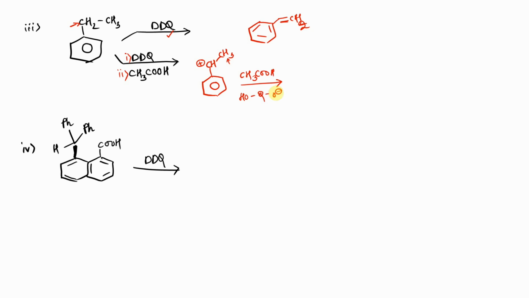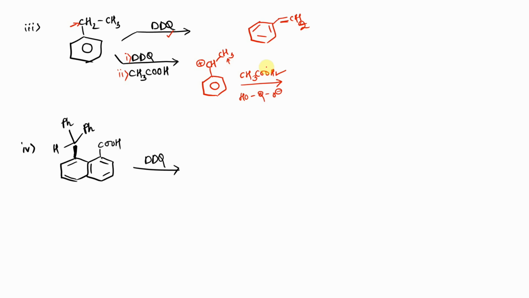Now this O minus ion has 2 particular hydrogens to choose from, which differ in reactivity. Out of these 2, the more reactive hydrogen is the hydrogen present on the acetic acid group, because it is more acidic. Hence, this O minus removes the hydrogen from this acetic acid.